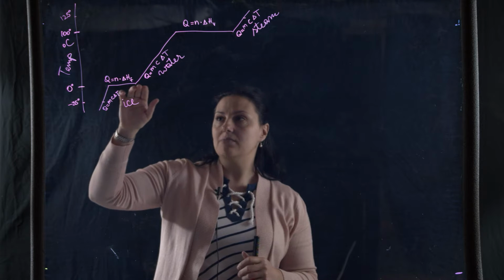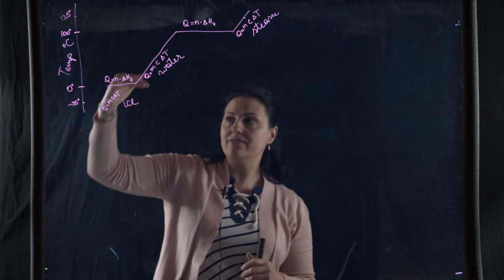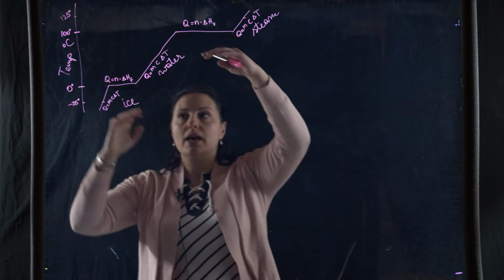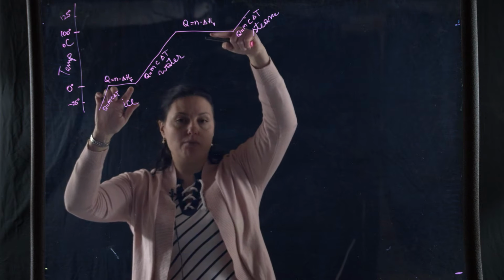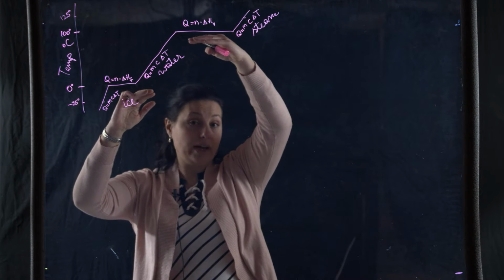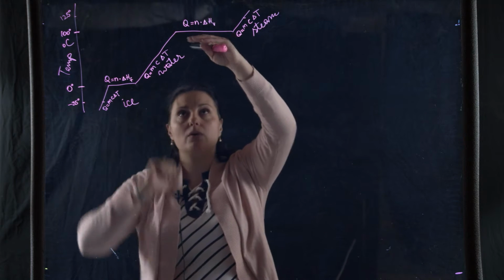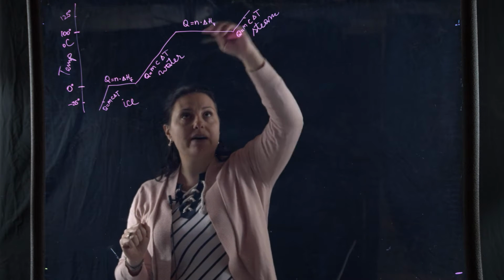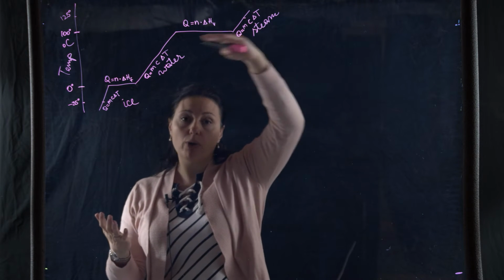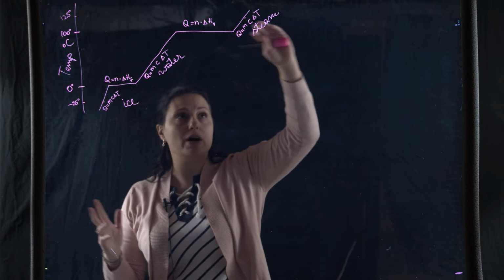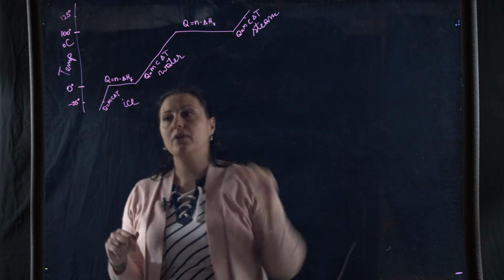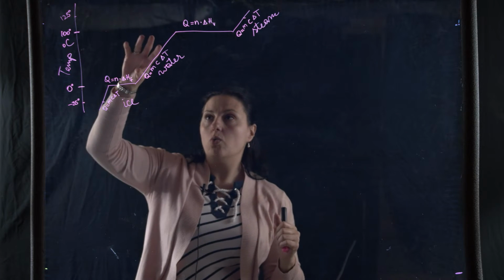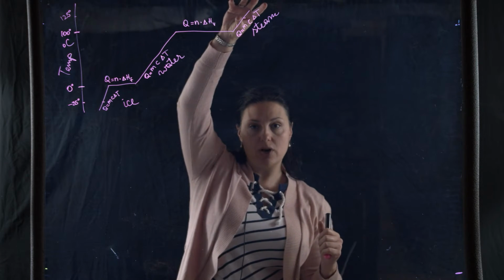Once I hit this line, I'm melting. Above the line, I have water. In between the melting and the boiling, I have liquid water. Once I boil, above the line that stands for the evaporation of water, I will have steam. So I have ice here, water in this region, and steam all the way up here.